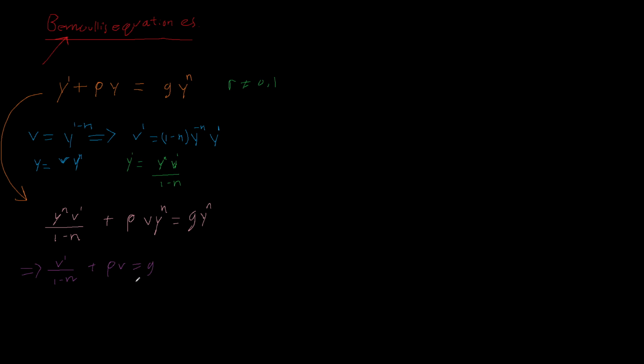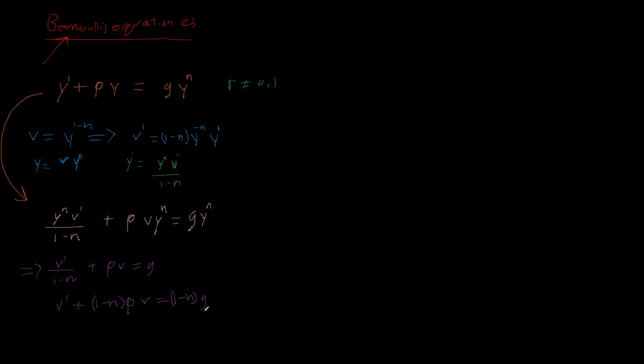We know how to solve this one. v prime plus 1 minus n times p v equals 1 minus n times g. We should all know how to solve this already, because I already talked about that.